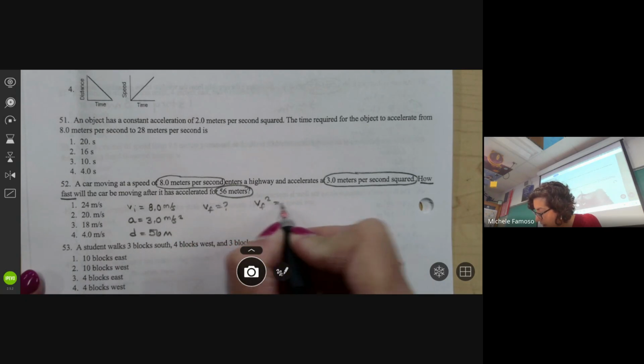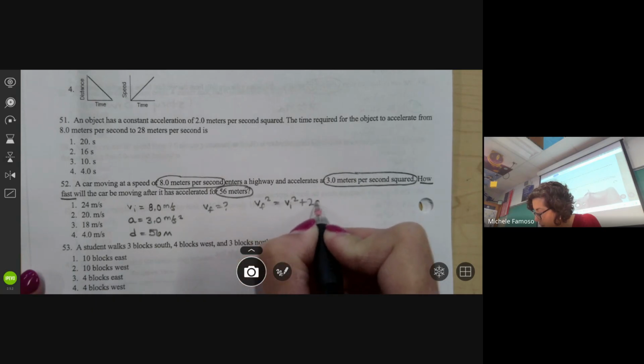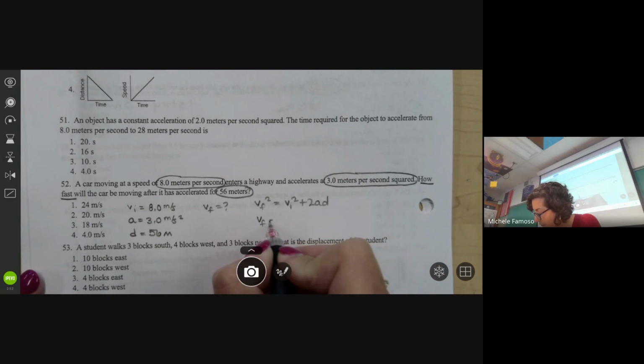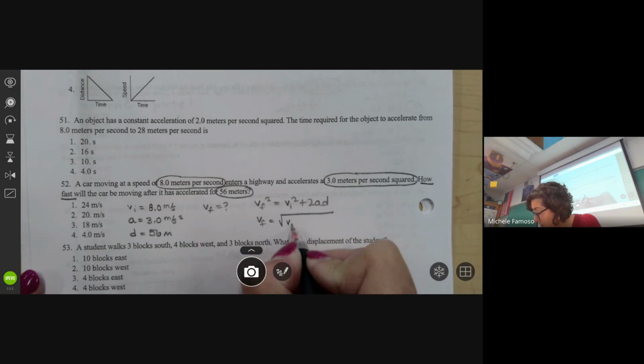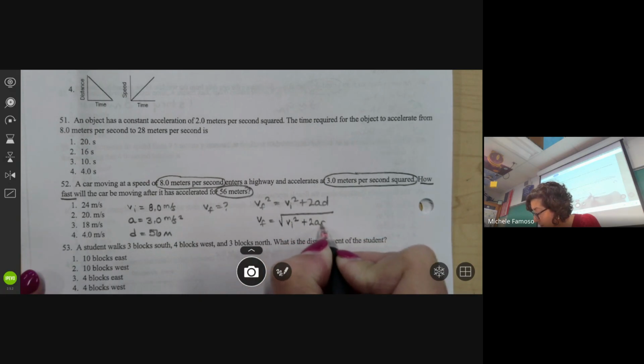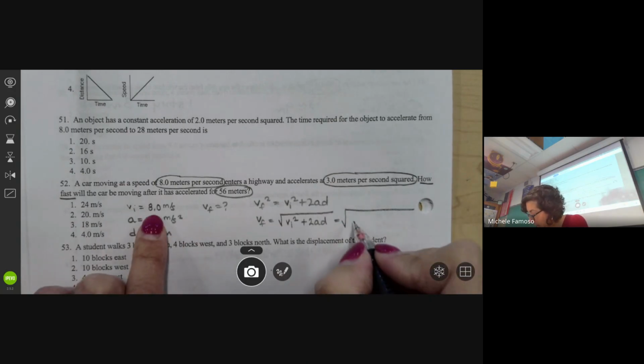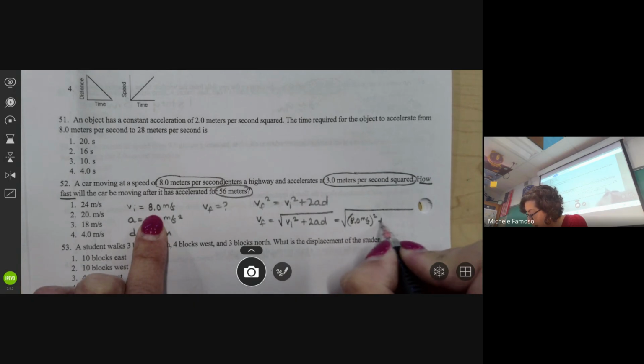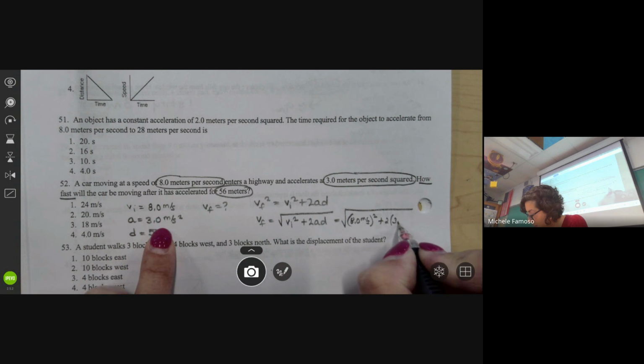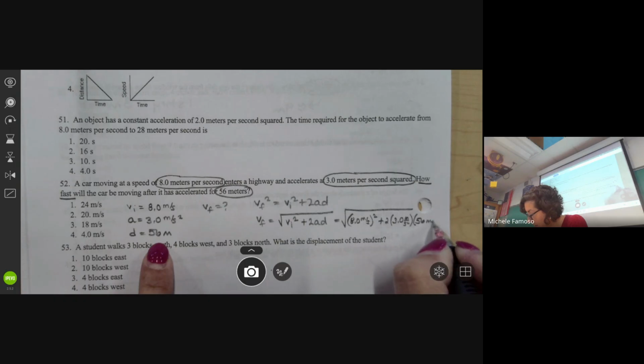So VF squared is VI squared plus 2AD, which means that VF is the square root of VI squared plus 2AD. I'm now going to do my substitution with units. So VI is 8.0 meters per second, which should get squared, plus 2 times 3.0 meters per second squared times 56 meters.